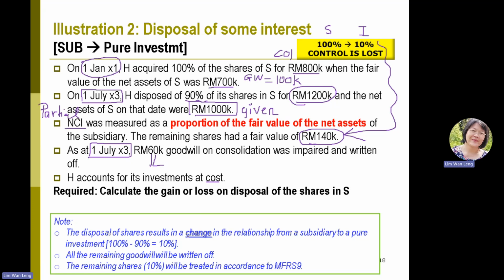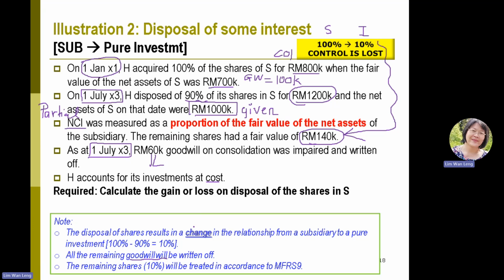Of course, there has been a change in a relationship from a subsidiary to become a pure investment. Why? Because you dispose of 90%. You cross the 50% boundary. Your control is lost. Which means that any remaining goodwill will be written off. So usually the key thing is something like this.